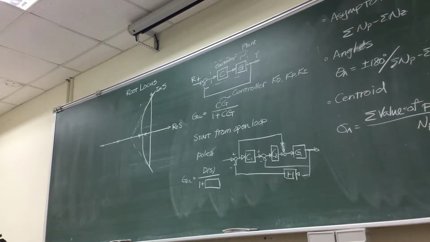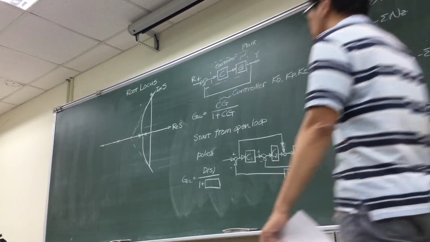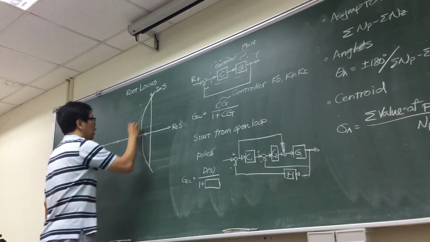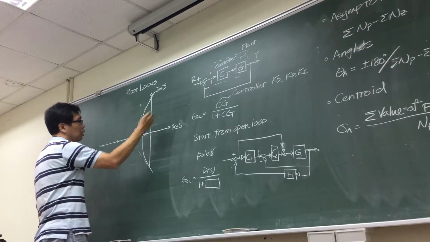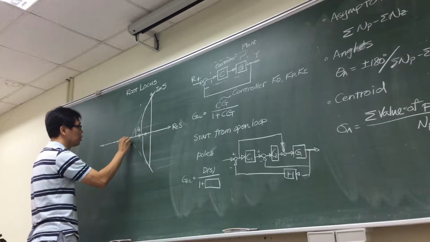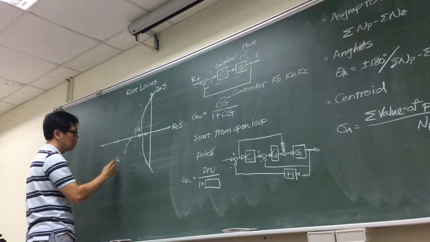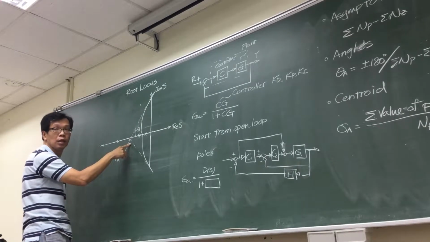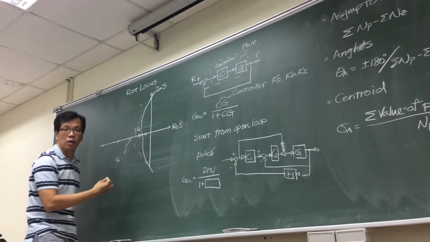Next thing we're going to talk about is breakaway and breaking points. Okay, go back to this one. Over here, we know the angle is determined by one of the formulas, theta A. The position over here is the centroid. We know this one and this one. But how about this point over here?